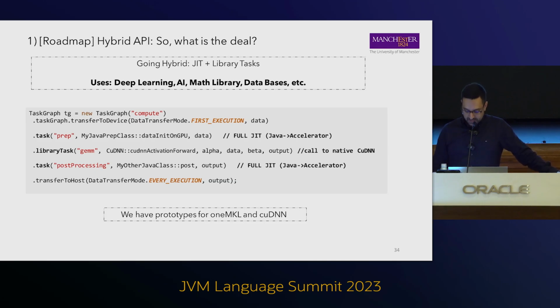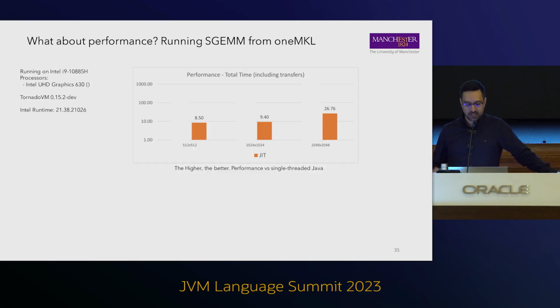We have a prototype working, and indeed, I'm going to show you some benchmarks about this. So what I did was to execute, I think it was on this laptop, yes, the sgemm function from oneAPI, from the Intel library. The first metric I show you here is what Tornado can achieve without calling a native library. You have different input sizes, and the bars show speedups against Java sequential.